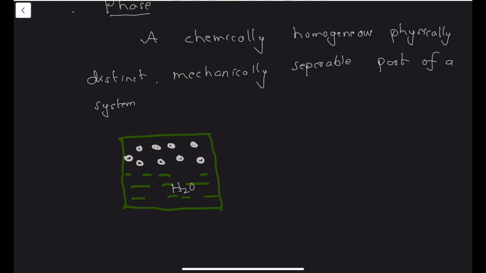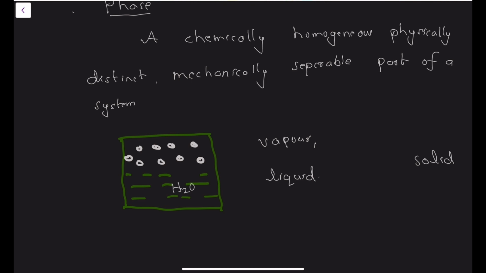This is a pure substance because its chemical composition is the same throughout, but it has two different phases, the vapor phase and the liquid phase. Commonly there are three phases: solid, liquid and vapor. Another is the plasma state, which is out of scope of this subject.